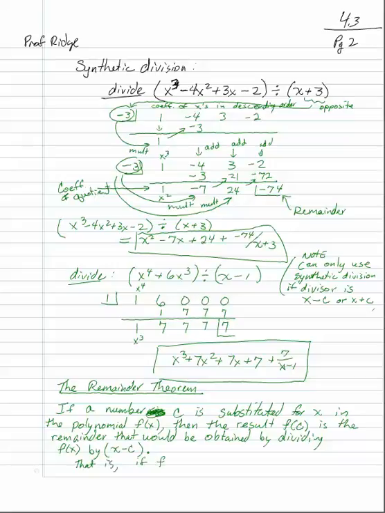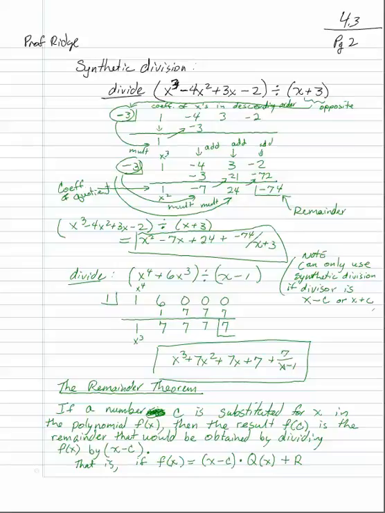If f of x equals the divisor x minus c times the quotient, whatever result you get, plus the remainder, is going to be equal to the same value that you get if you plug c into the polynomial and work it out.